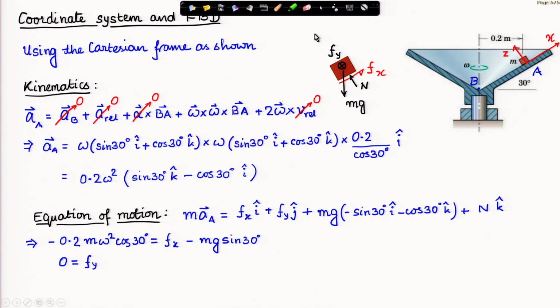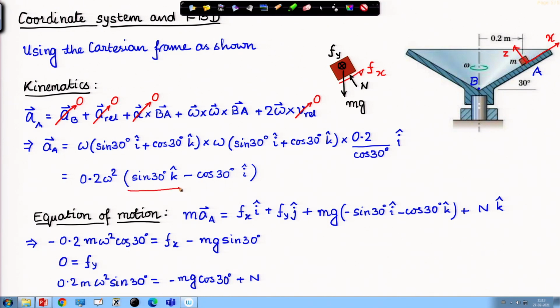I will not assume or choose it a priori. Then comes the k cap equation. We have in the k cap direction here in the acceleration a term, mass times that term must be equal to all forces in the k cap direction. In the k cap direction I have these two forces. So, that is the k cap equation.